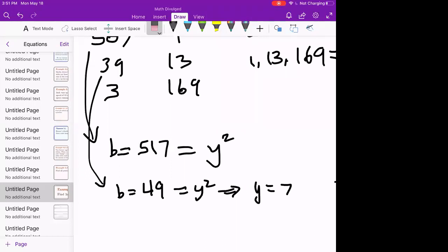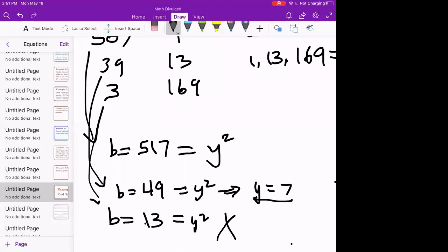And then we have this last one, 3. If b minus 10 is equal to 3, then b is equal to 13. And if this is y squared, it's not going to work either. So the only solution we have is if y is equal to 7. And that means we can find the corresponding value of x.